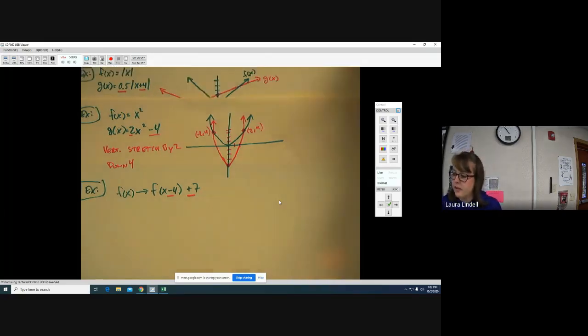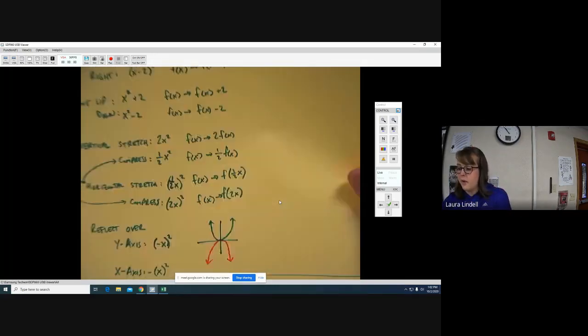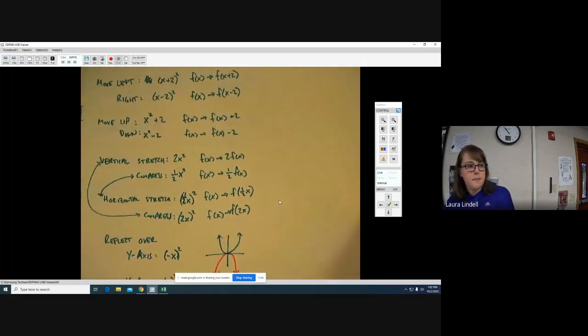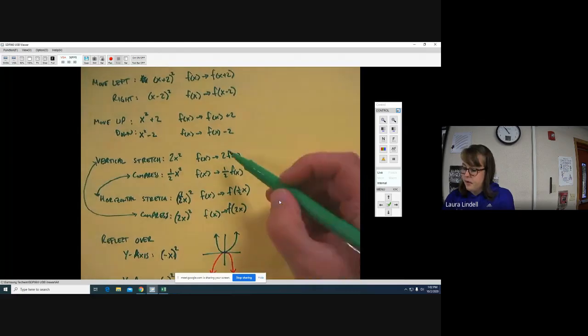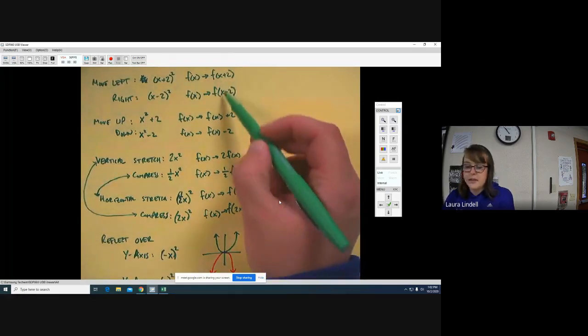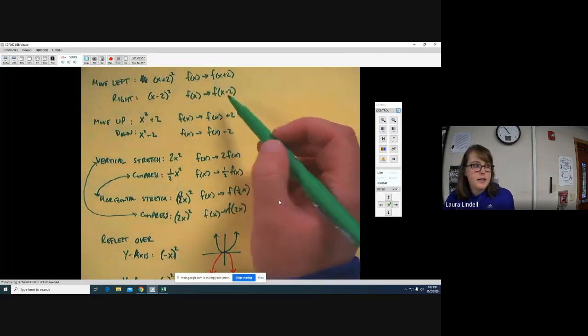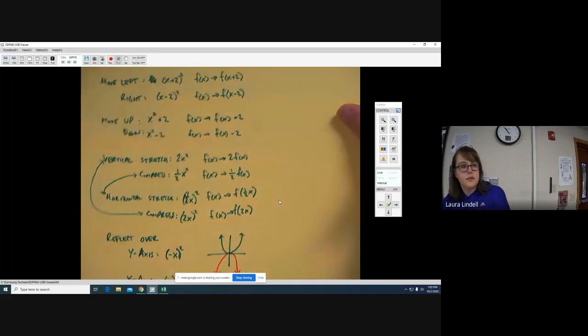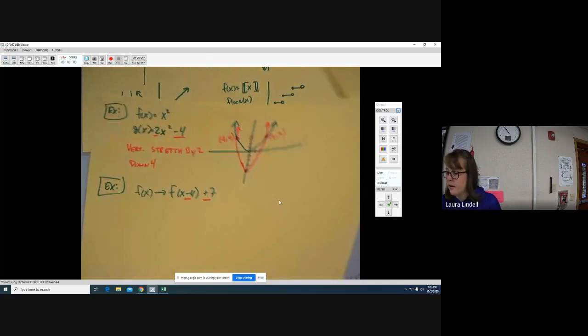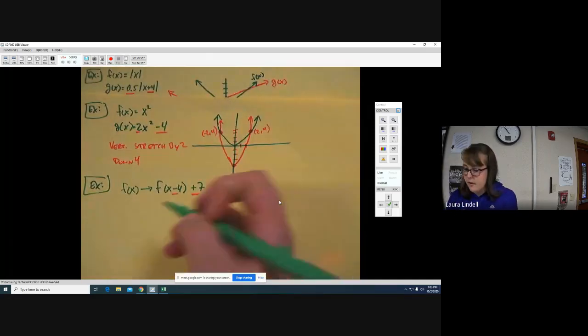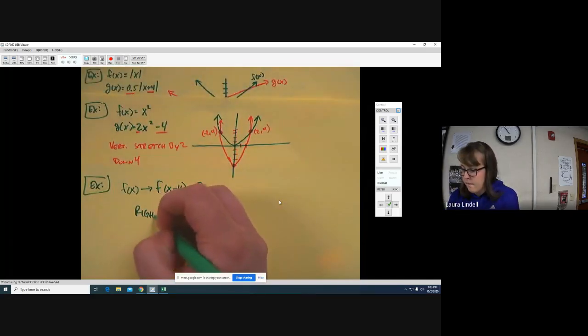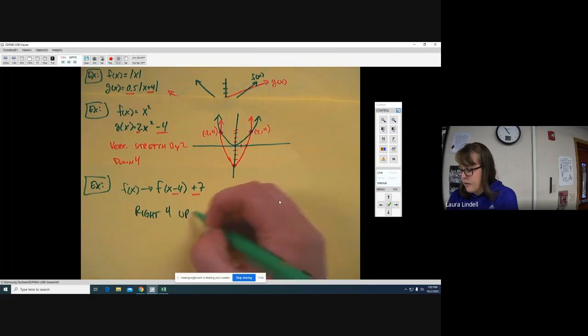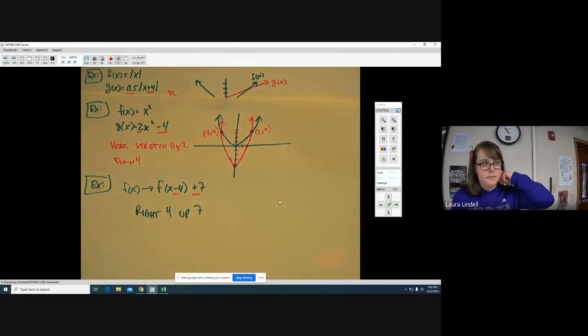So this is the function notation way of doing things that we saw up here, where these inside with the x, we're moving it left and right. Outside with the y, we're moving it up and down. So right 4 and up 7 is what's going on here. Awesome.